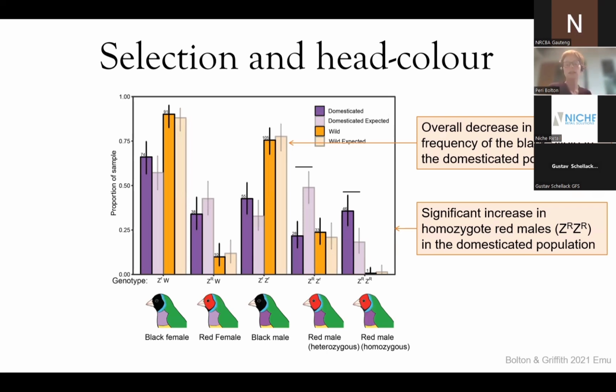I paired these results with a survey, and I know that about 40% of finch breeders in Australia keep their morphs completely separate, and that could be explaining some of it. I know there is also some desire to show red males, and so by line breeding for red males, we're going to see an increase in homozygote red males.